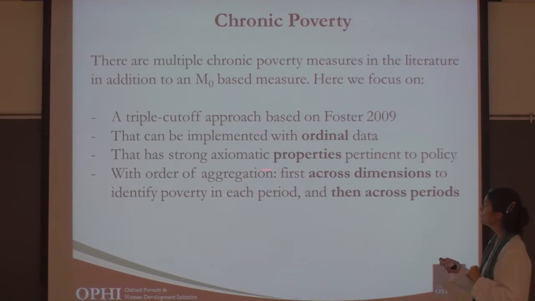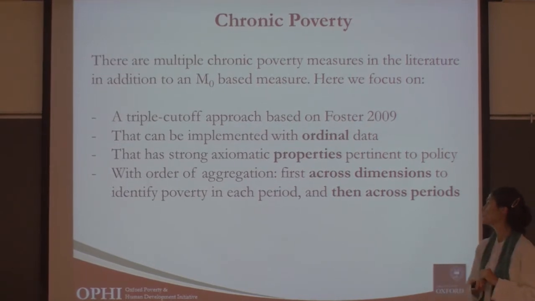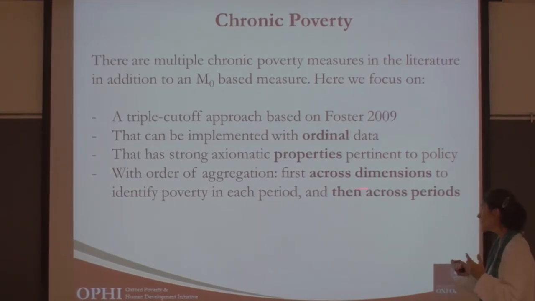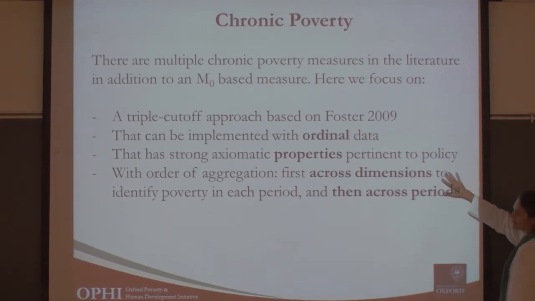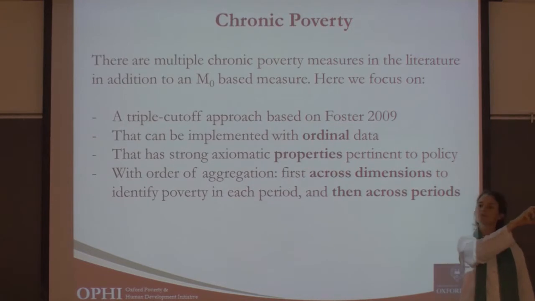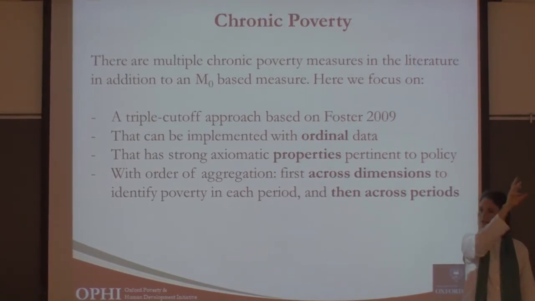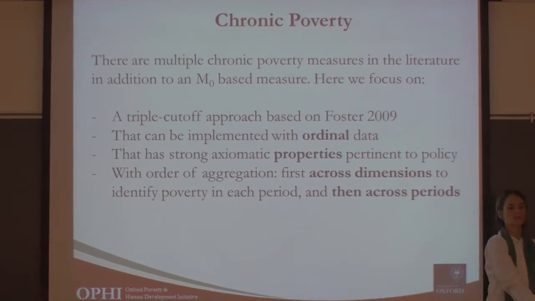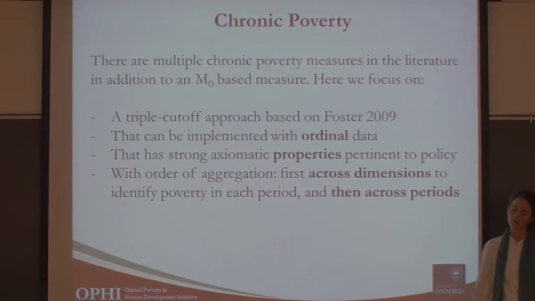And we demonstrate the form that can be used with ordinal data. So the paper presents the properties. I'll just mention them as we go along insofar as they're relevant. What is very important is the order of aggregation. You've already seen in multidimensional poverty, we aggregate first across people to create the CI score, censor it, and then aggregate across the population to construct the M0 measure.